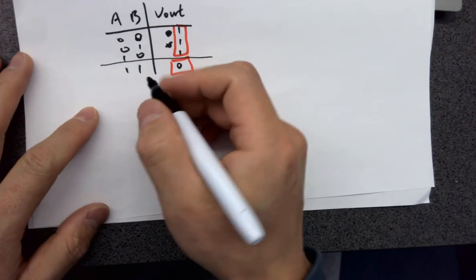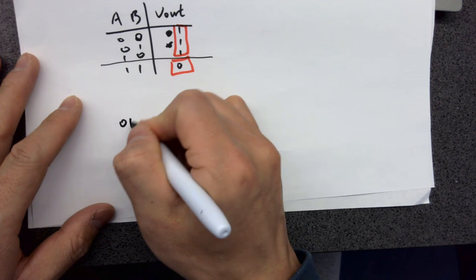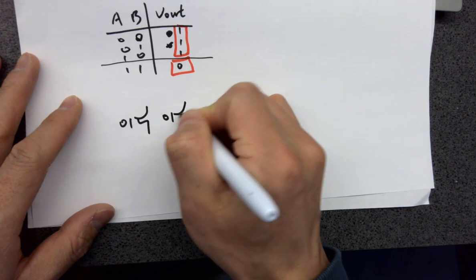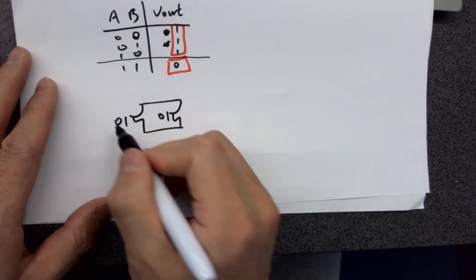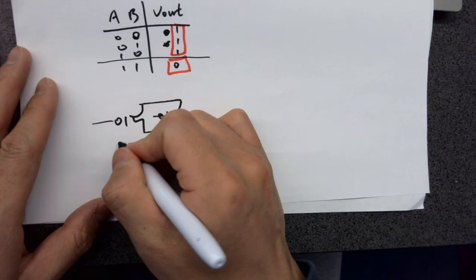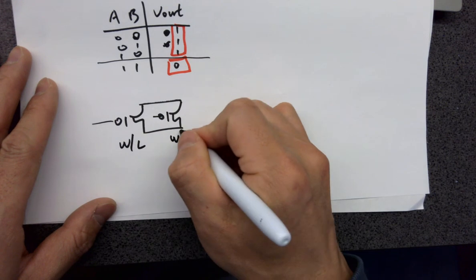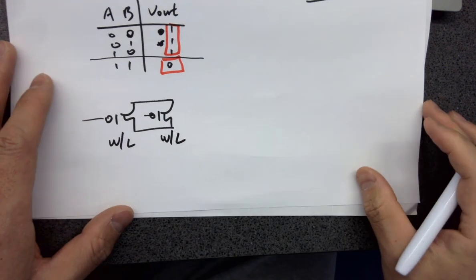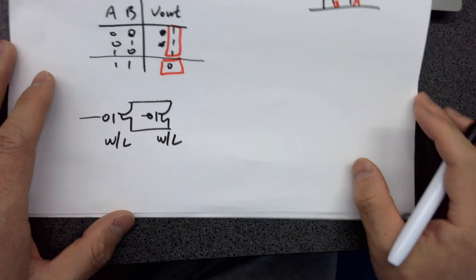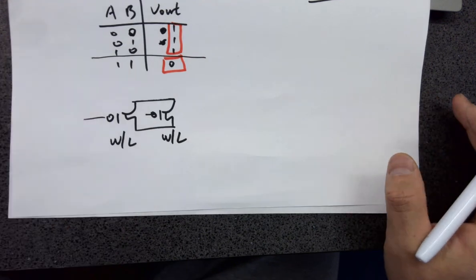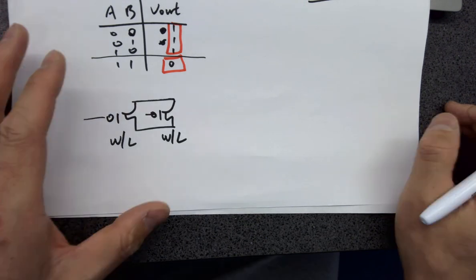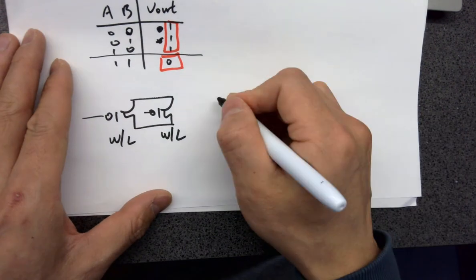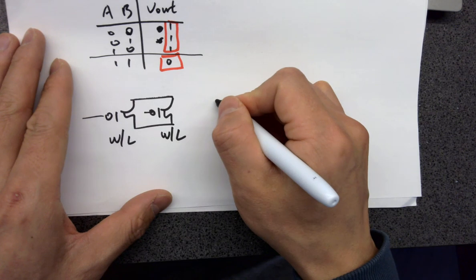Another note here, if you have two parallel transistors, this will be a part of the lab on Thursday this week. For example, each one is W over L, and apparently they are in parallel, right? So for the layout, for two transistors in parallel, the layout looks like this.